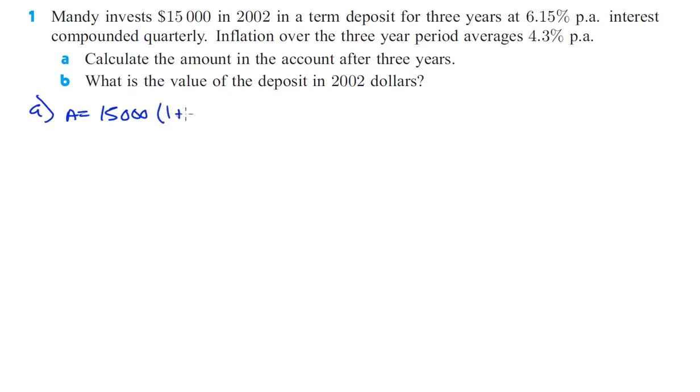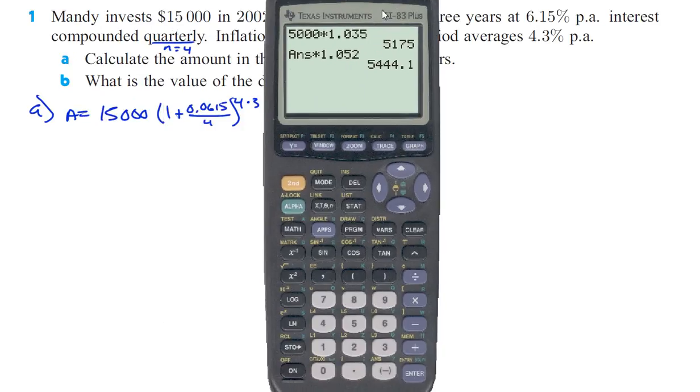1 plus 0.0615, and it's compounded quarterly. So n is 4, so we've got a 4 here and a 4 there, and calculate the amount in your account after 3 years. So we've got the 3 years there.